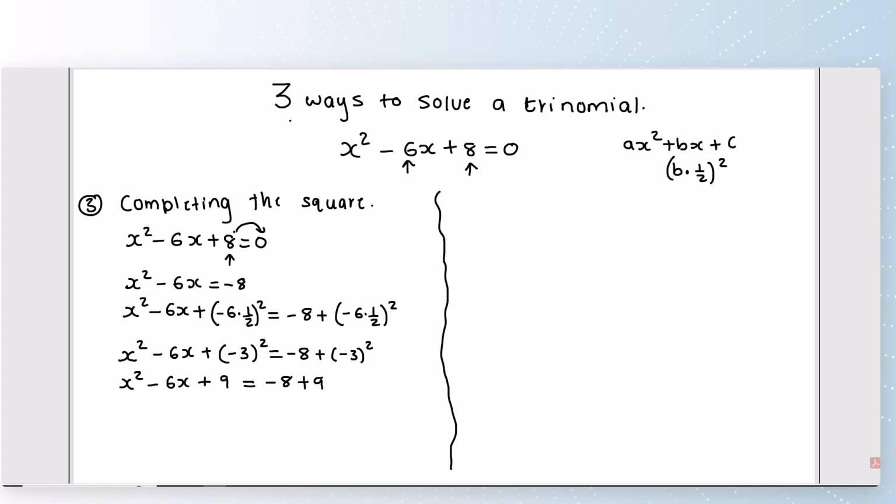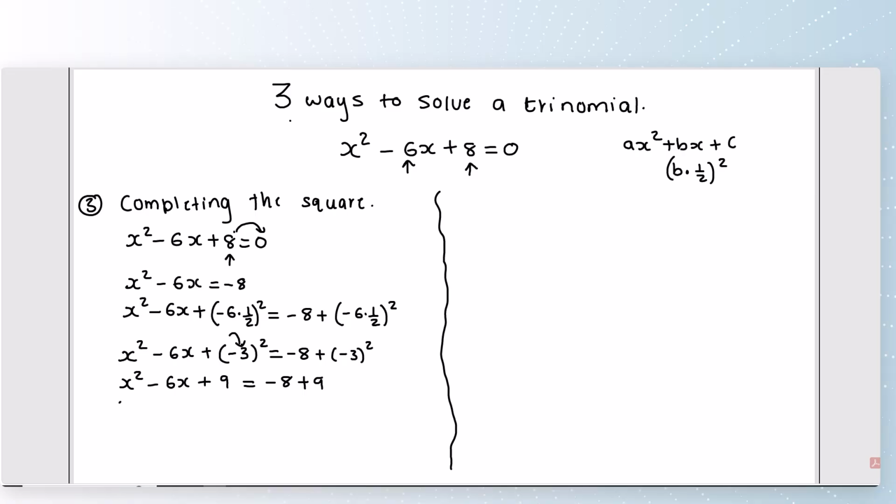It will always be a perfect square, meaning your factors are going to be identical, exactly the same. And your factor will always be that number I was talking about, the number inside the bracket before you square. That's why I said it's important, okay?